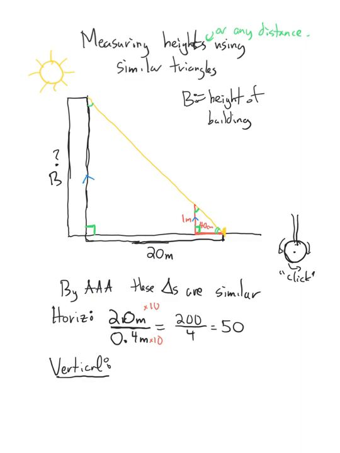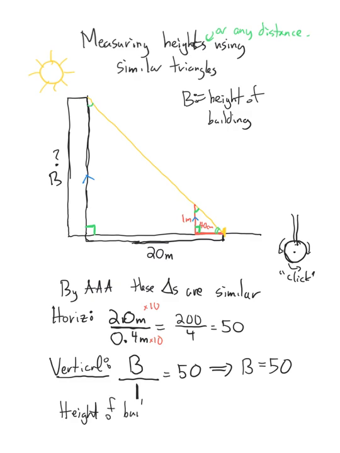The fact that we picked putting the big triangle on top, we have to be consistent with that. So the big triangle must go on top. So we called that the height of the building B. The small triangle had a height of 1 meter, and that equals 50. Well, that's easy to solve. B over 1 is the same as B. So B is 50, and the height of the building is 50 meters.